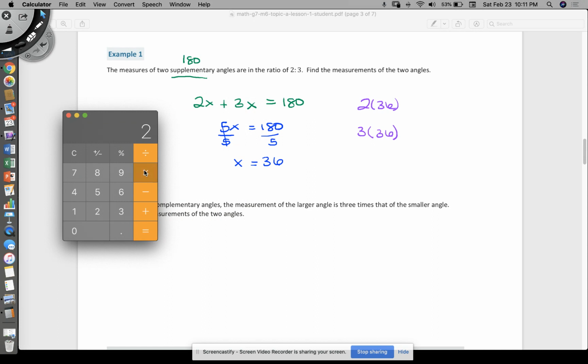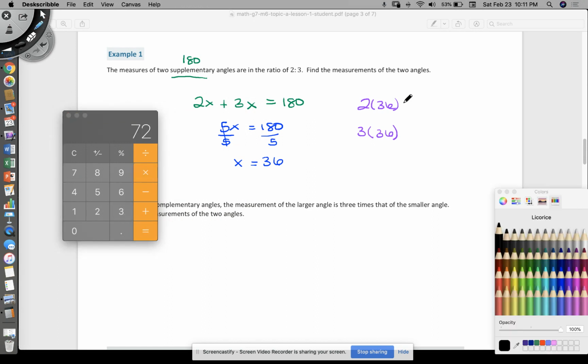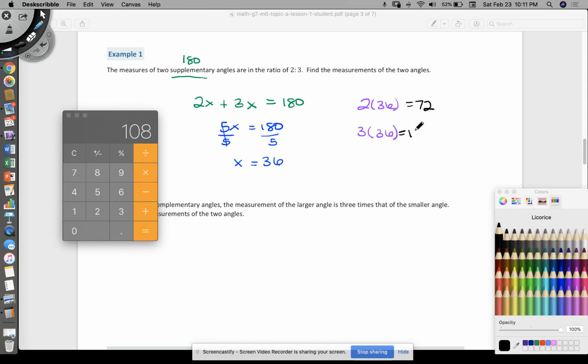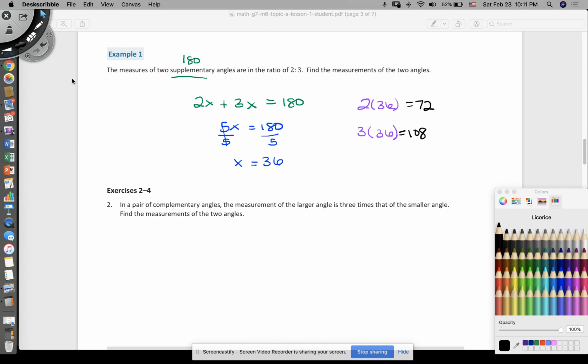So 2 times 36 gives me 72, and 3 times 36 gives me 108. And there you go. We'll drop our calculator down there, and we'll move on to number 2.